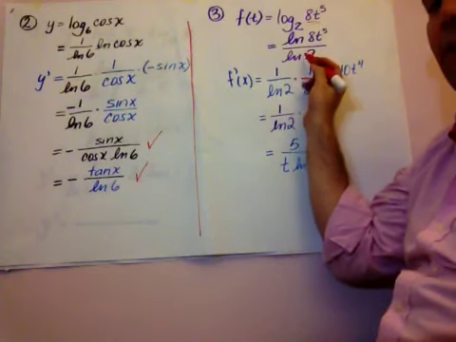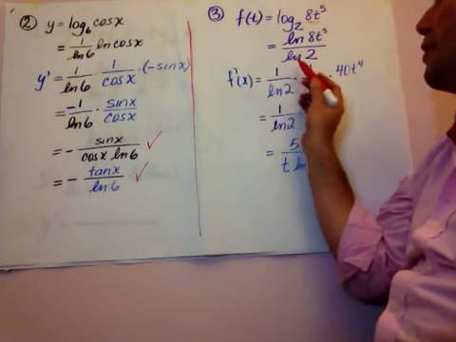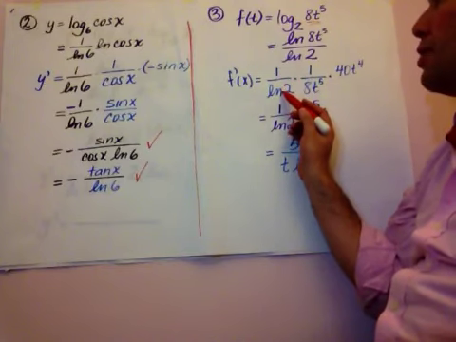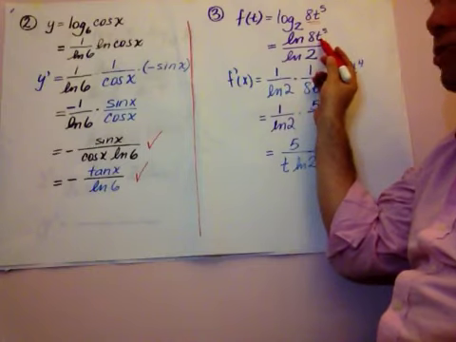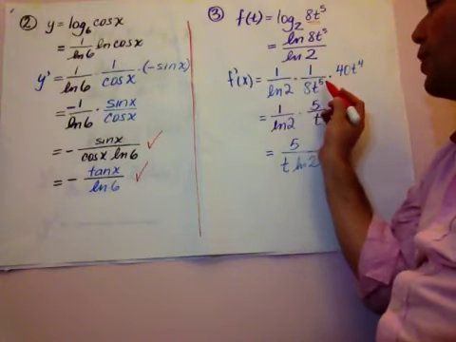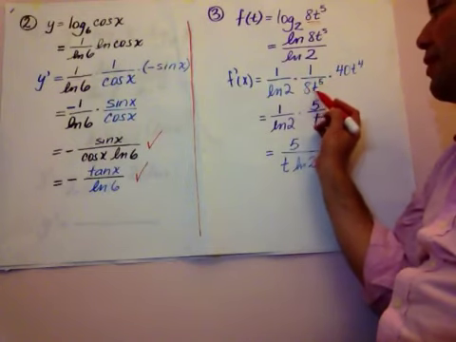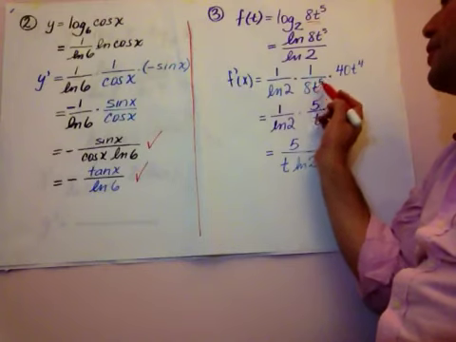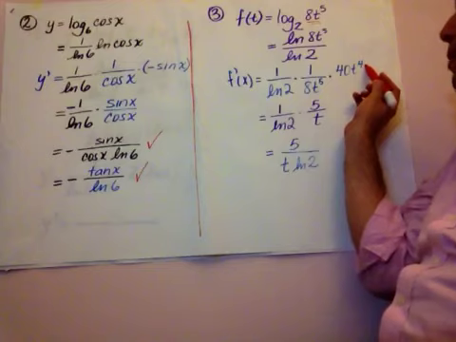There is no variable there. So, the derivative is the constant, 1 over ln of 2, times the derivative of the natural logarithm of 8t to the 5th, which is 1 over the argument 8t to the 5th, times the derivative of 8t to the 5th power, which is 40t to the 4th power.